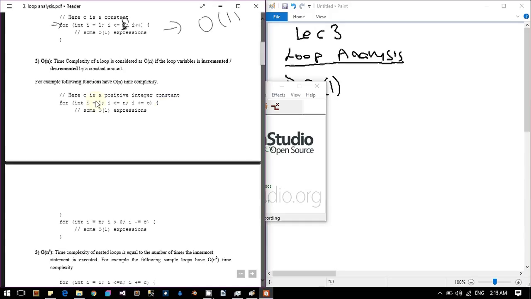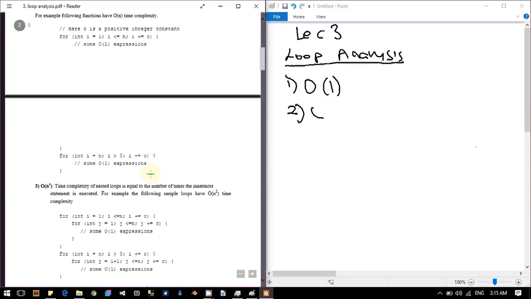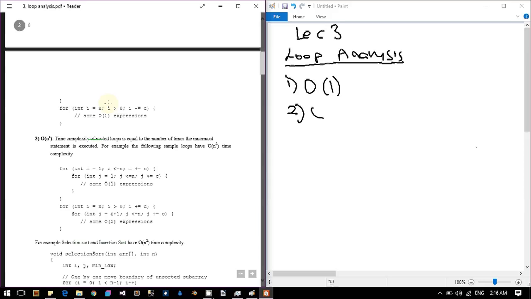What is it saying here? For instance, this loop is i less than n, i plus-equals c. Because of this n, the function is going to be order n. Also this one, even though it's minus, the function is going to be order n.